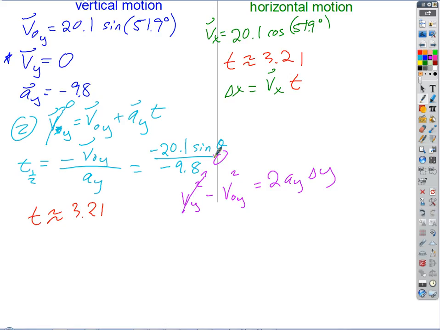So all I'd have to do is just divide both sides through by 2 times the acceleration. And so this is going to be equal to the vertical displacement, isn't it? Is it still negative? Yeah, it is, because that's negative, right? So if I plug those numbers in, what's that going to look like on the calculator then?